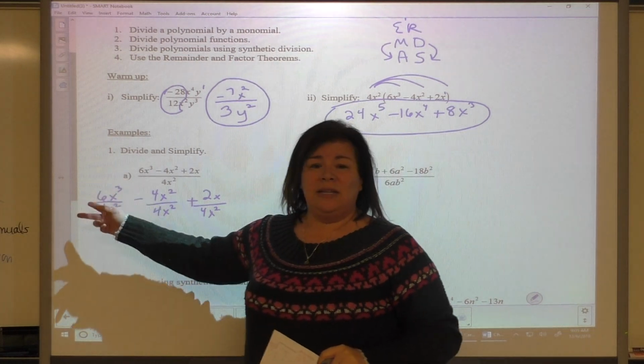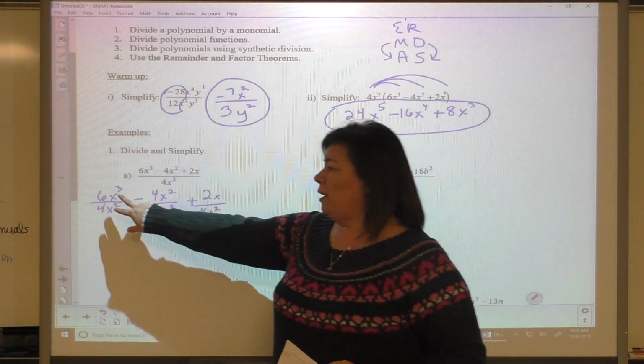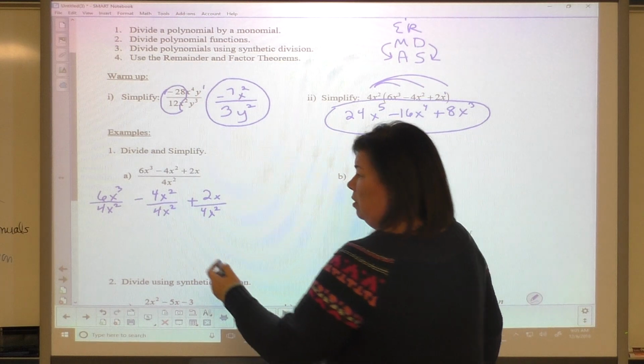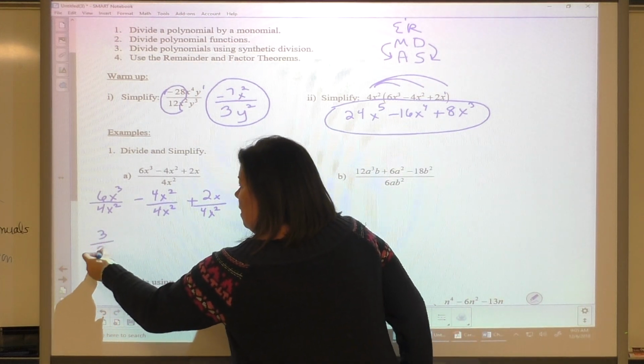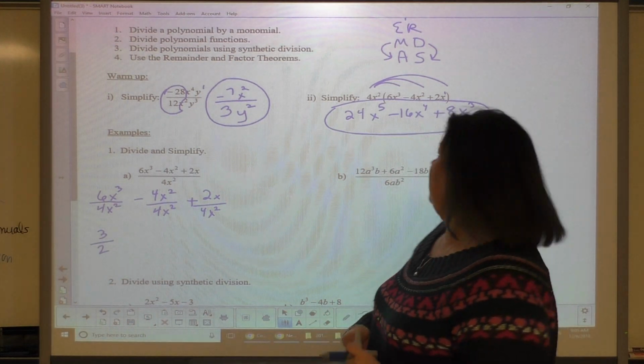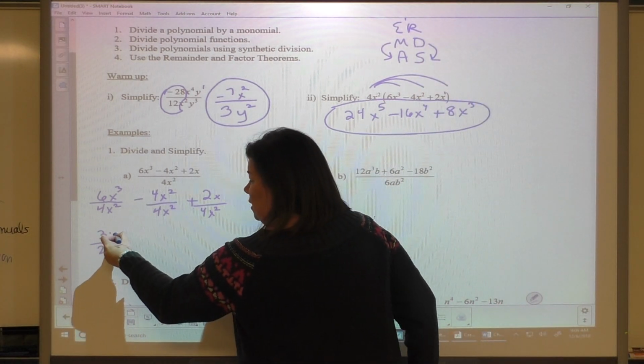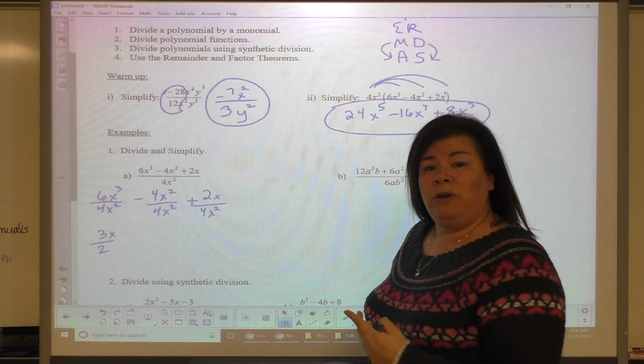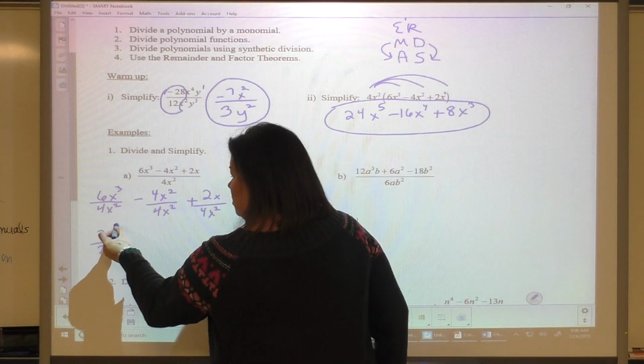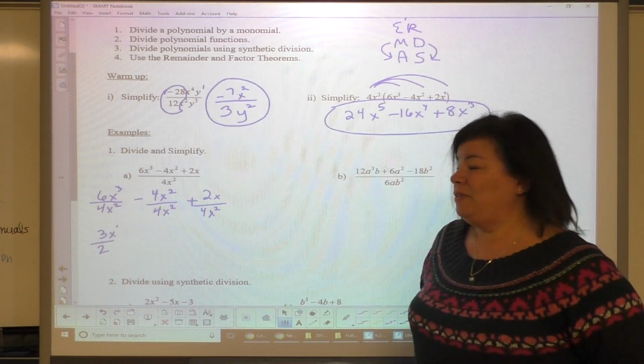So here we're taking 6x cubed divided by 4x squared, and 6/4 reduces to 3/2. But again, when we're dividing and bases are the same, we're going to subtract those exponents, and leave it wherever the power is higher, which in this case is the numerator, so 3/2 x.